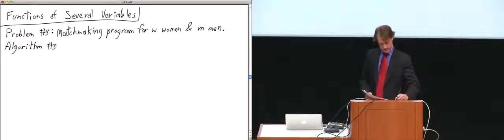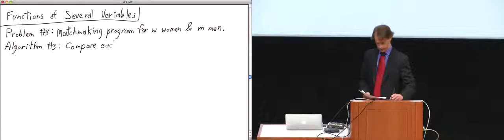Again, I'm going to stick with the obvious simple algorithm here, which is we're going to go through all the men and all the women and compare every possible pair and test them for compatibility.